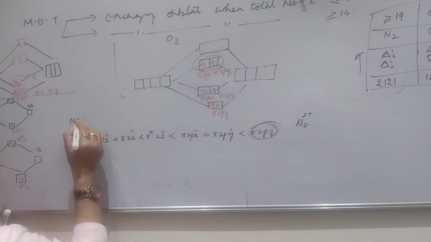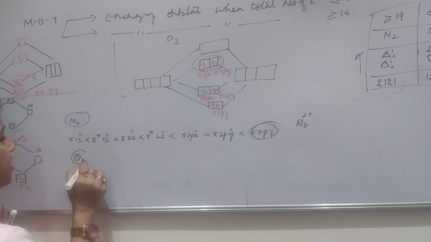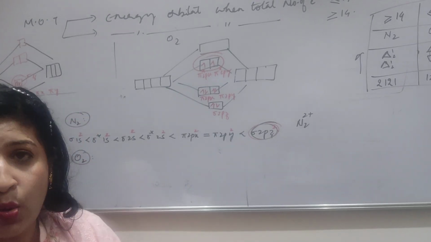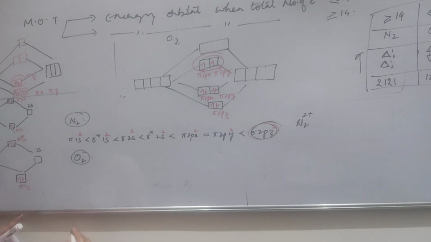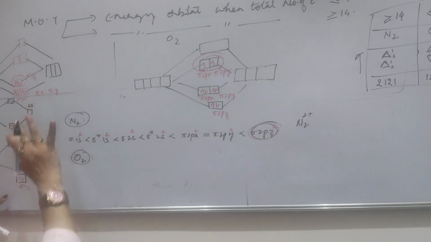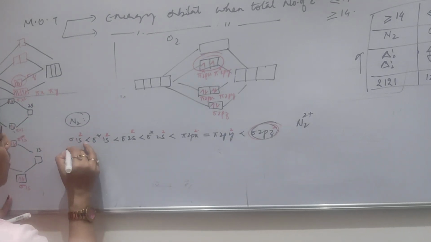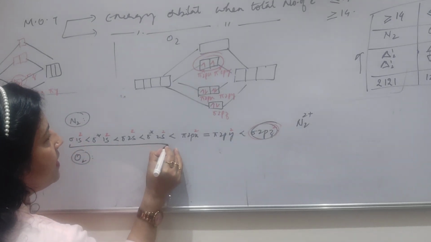Similarly, if I am going to write the electronic configuration with respect to oxygen, then I will be writing it as, till here it will be the same.